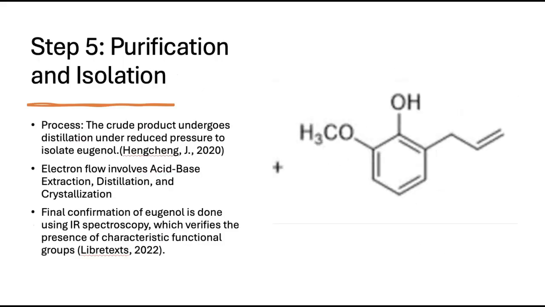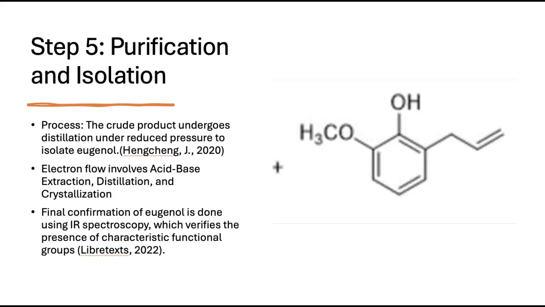Our final step is purification and isolation of eugenol, and it involves separating it from other substances using extraction, distillation, and crystallization. First, a base dissolves eugenol in water by temporarily changing its chemical form. Then an acid restores it to its natural state. Next, distillation gently applies heat to the mixture, turning eugenol into vapor, which is then cooled back down into a purified liquid.